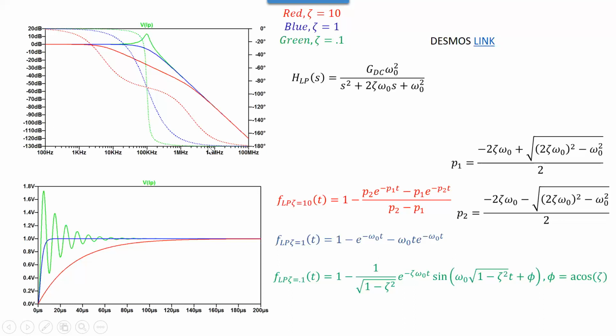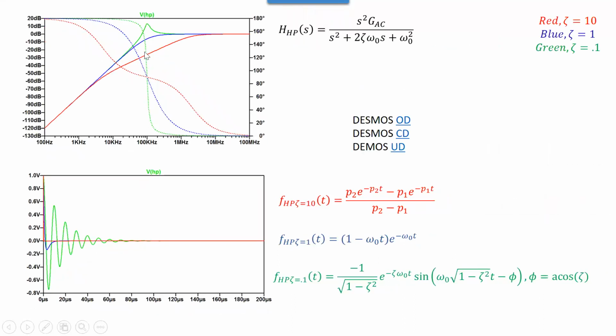All right. For the high pass, again, we can have under, critically, and overdamped. Now, what's interesting here is that the critically damped, it looks like it's ringing, but with a high pass filter, it can go below once and settle, and that's critically damped.